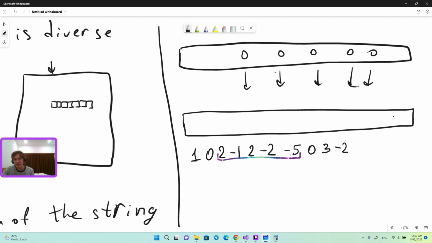What do I mean? Let's naively find all the prefix sums. So we have 1 plus 0 is 1, 1 plus 2 is 3, 2, 4, 2, minus 3, minus 3, 0, minus 2.